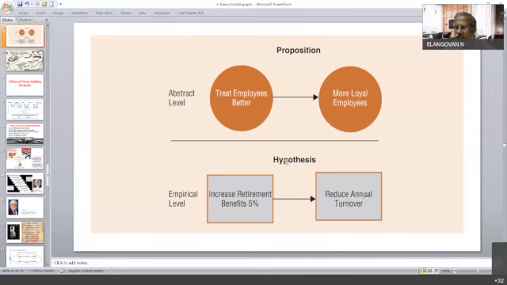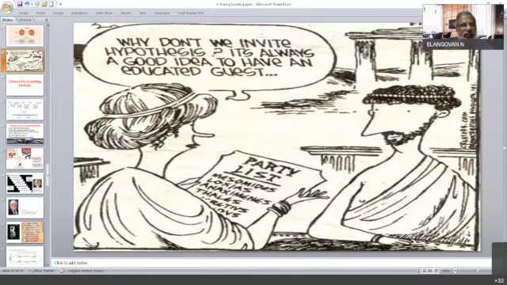If you say hypothesis, then I will be looking for how you are measuring this. If it is a proposition, it is at the concept level. A hypothesis is at the variable or measurement level. Is it clear? A hypothesis is a kind of intermediate theory.